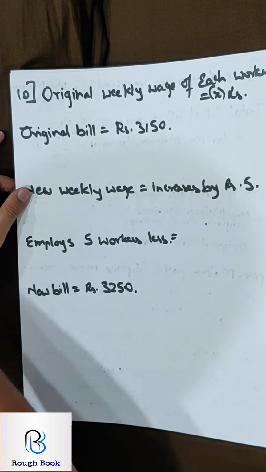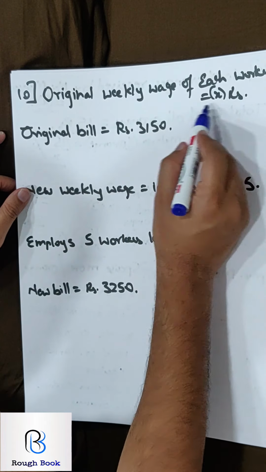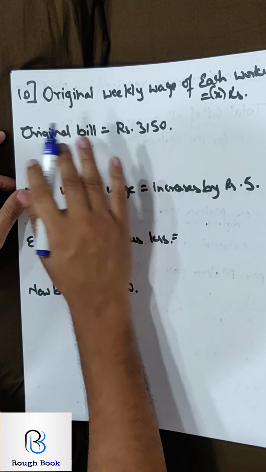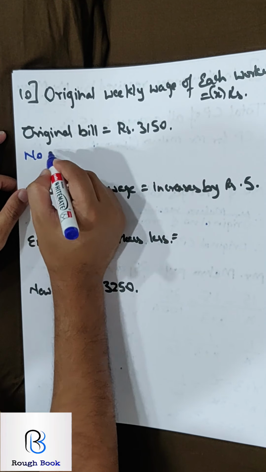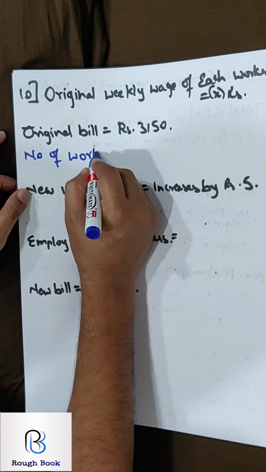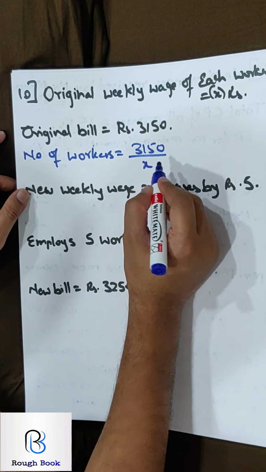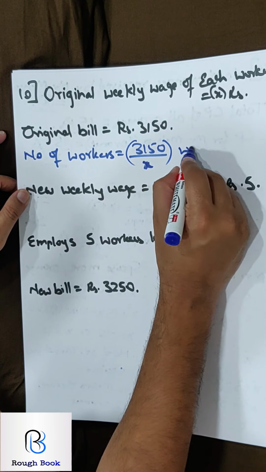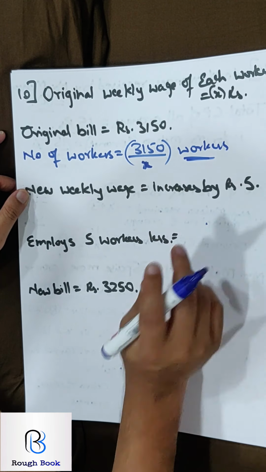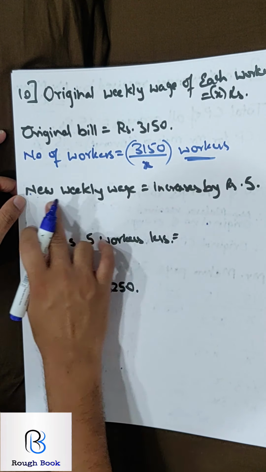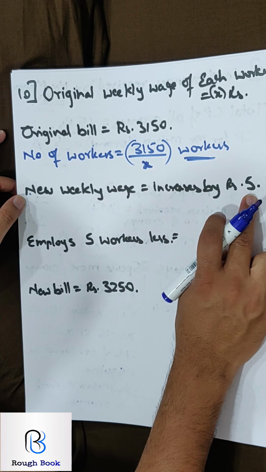When you read the whole question, you will realize this is what is already assumed. This is the weekly wage of one worker and this is the total bill of all workers. So I can easily find number of workers first. That will be the total bill divided by what one person is getting. These many workers. Are you getting this? So these are the original number of workers. Now the new weekly wage is increased by 5.